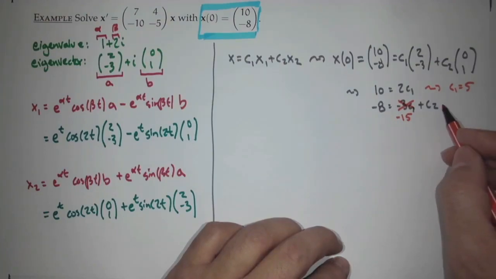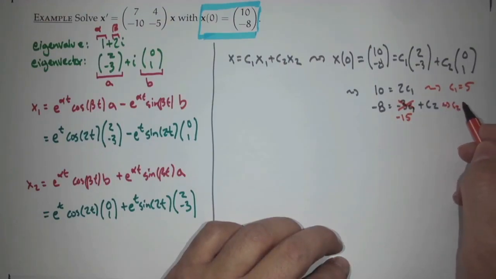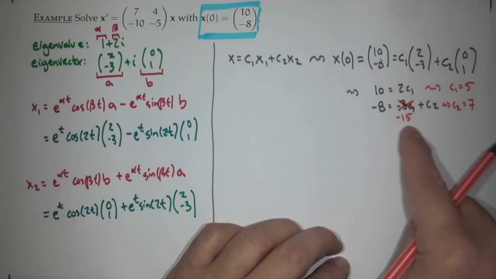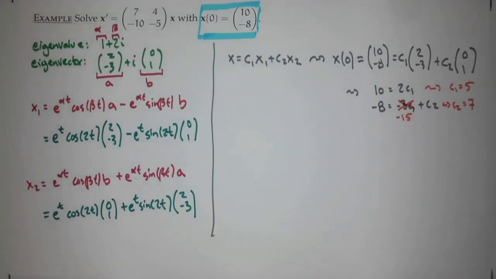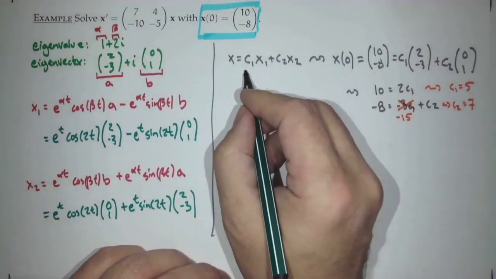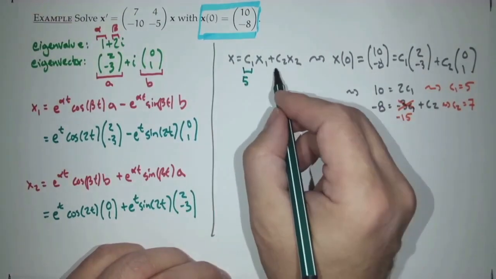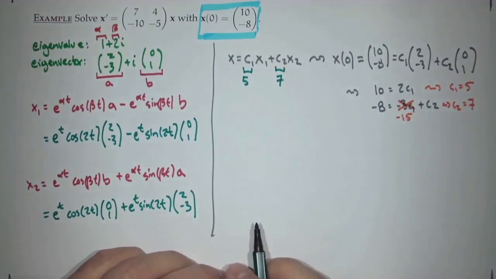So what does that tell us about c2? 7, because you can add 15 to both sides. Wow, this is cool. Okay, so we now know that c1 is 5, and we know that c2 is 7.